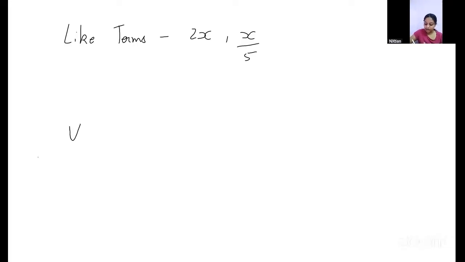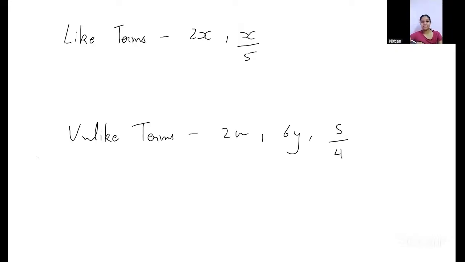Whereas in unlike terms, take a look at these terms: 2n, 6y, s upon 4. See, three different types of variables are used: n, y, s. They are not like terms. They are all unlike terms. Why? Because different variables are used, not the same variable.